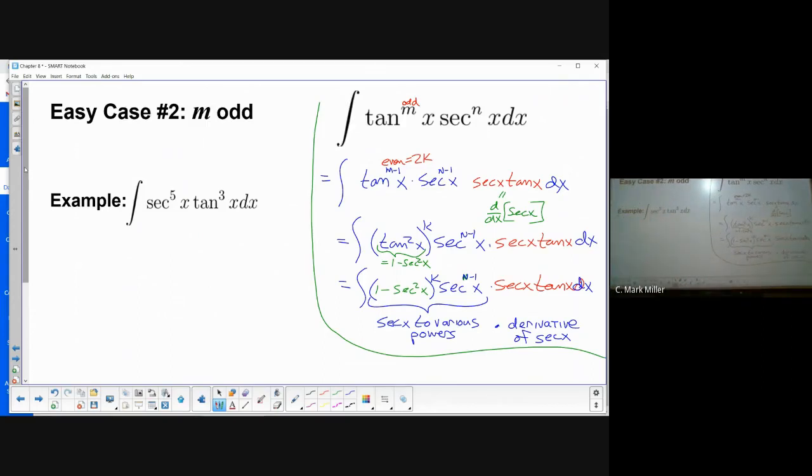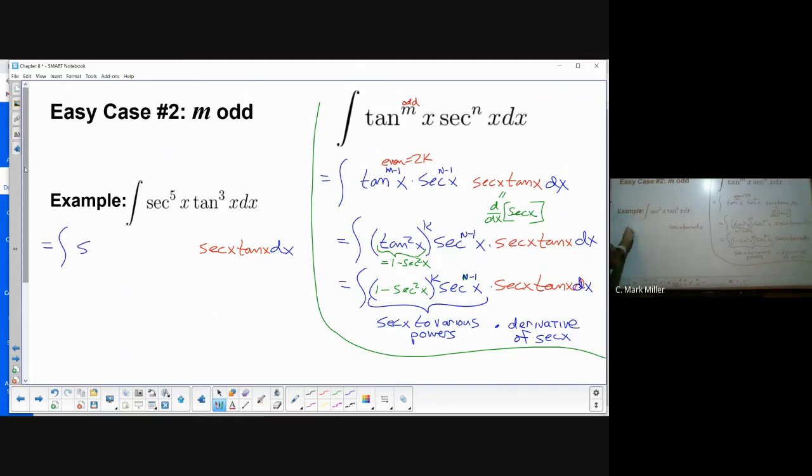Secant is to an odd power. So this is going to be integral. What did I say to do? Not secant to an odd power. Tangent is to an odd power. Tangent is to an odd power. So I'm going to peel off a secant tangent x. I peel that off, and I reduce these powers by 1.